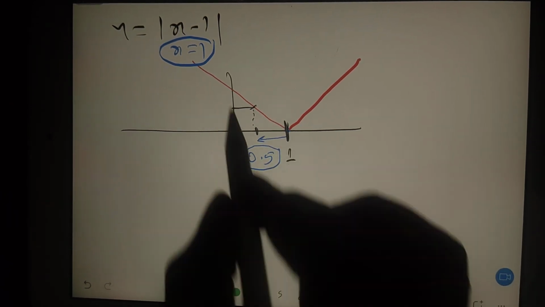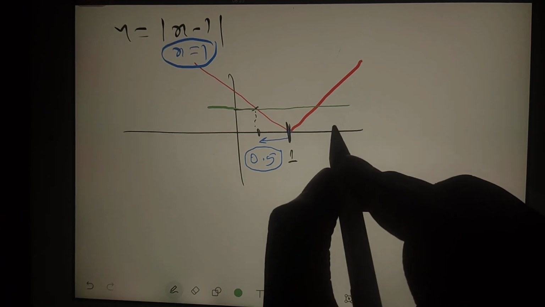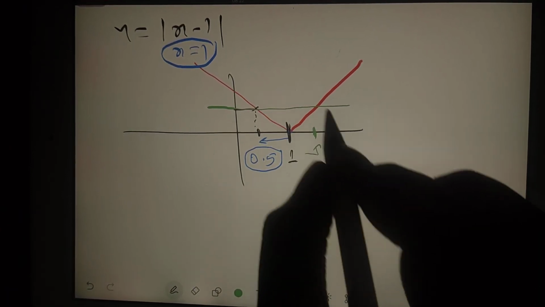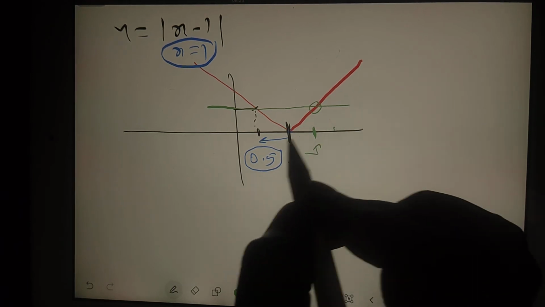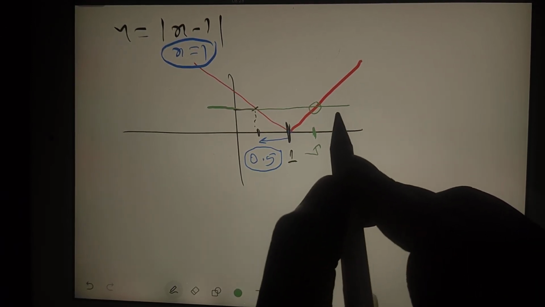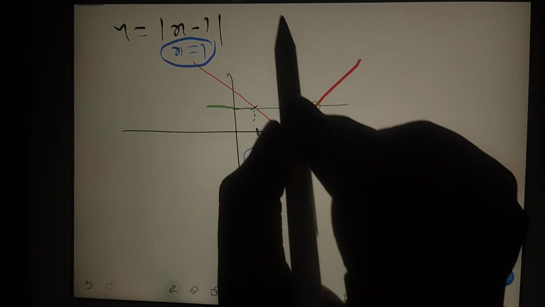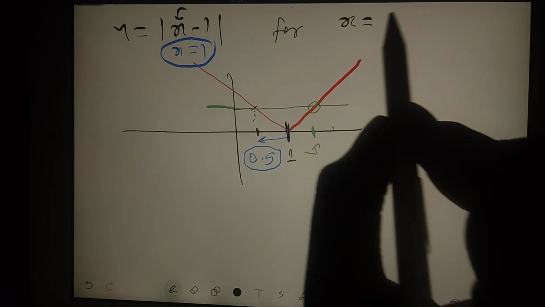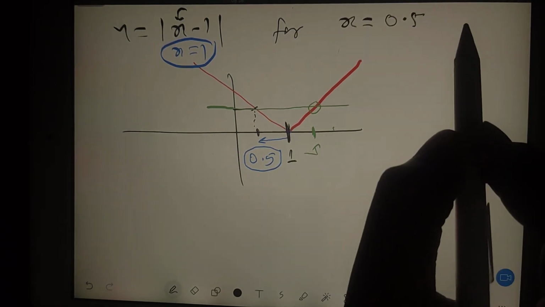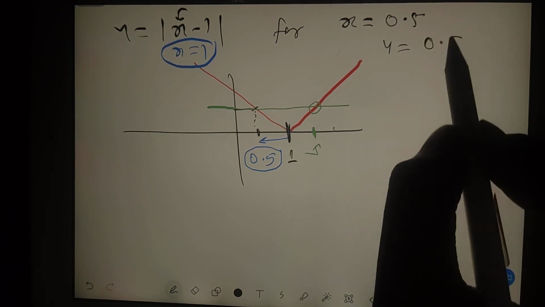Now if you go like this, there is one more value of x at which you have the same answer. Can you guess what is that value? You can see from here. If you substitute x is equal to 0.5, then you get y is equal to 0.5.